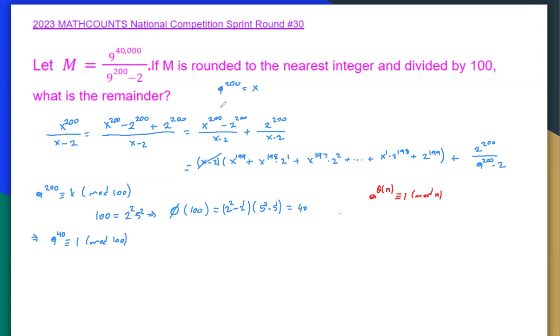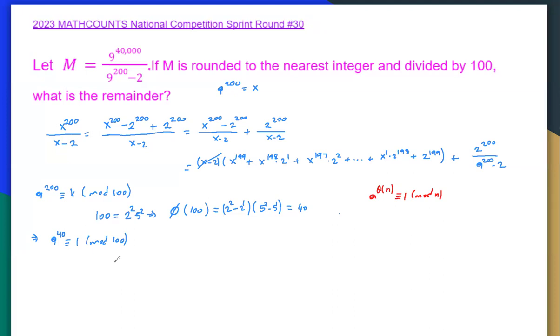Okay, so that should be our first step. And which is going to help, because if 9 to the 40 power is 1, and x is 9 to the 200 power, then any power of 1 will be 1, which means x to the 199, x to the 198, x to the 197, all the powers of x will be just 1 anyway.